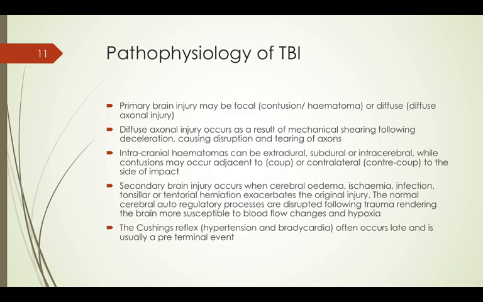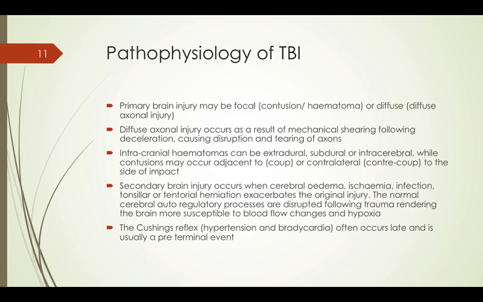Secondary brain injury can occur, as I've mentioned, because of edema, ischemia, infection, as well as brain herniation, which I'll come on to later on during these slides. I'll just introduce this concept now, but you'll see it later. The Cushing's reflex is quite a poor prognostic indicator.